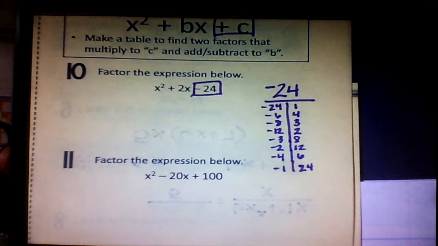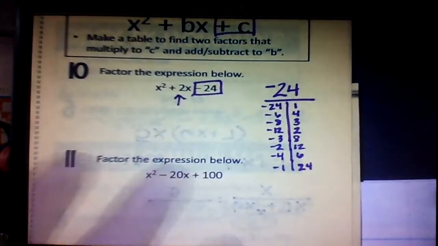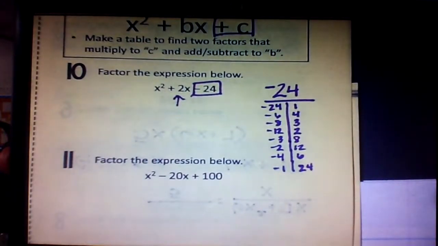It could be either or. To multiply and get a negative number, I need 1 negative and 1 positive. So all Husto did when he said negative 3 and 8 is he switched which one was negative. Now, I need to figure out which one of these are going to go together. Which ones can add together to give me this middle number, positive 2?